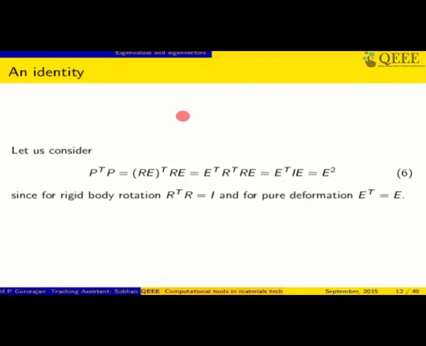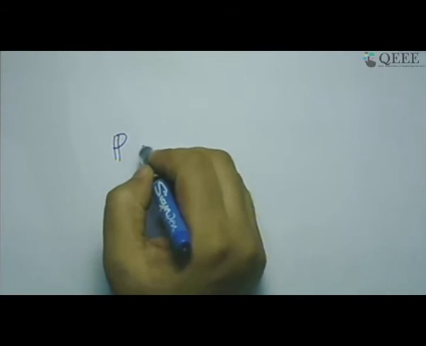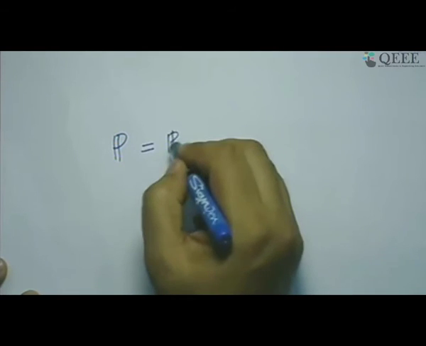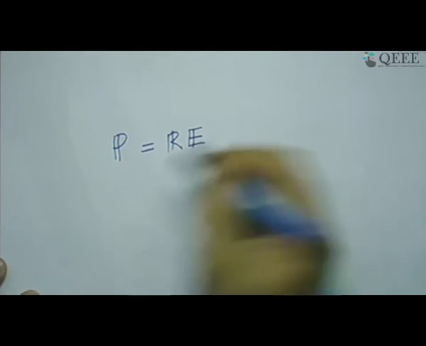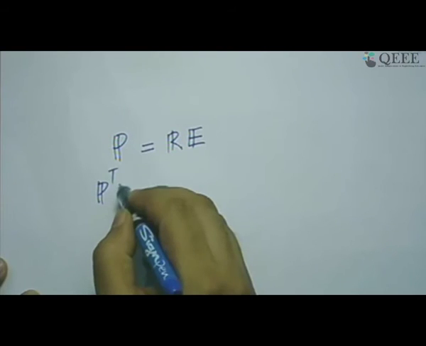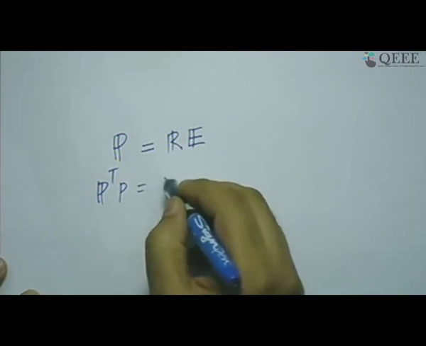Let us take P, and I said that P is represented as R times E. Let's try to calculate P transpose P. That will be what?